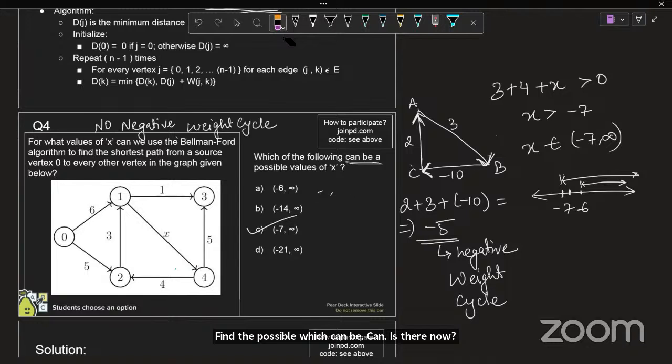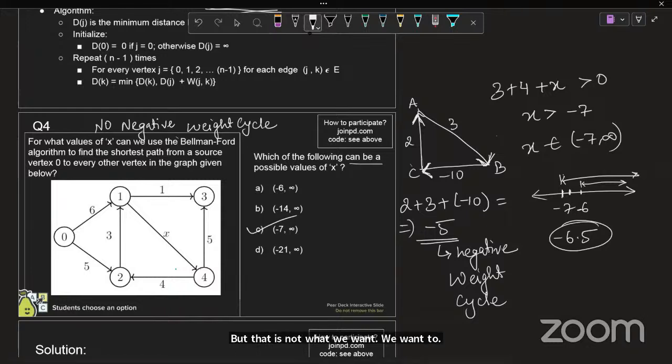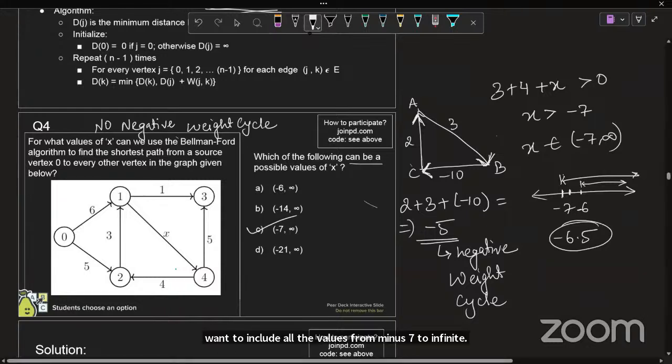We need all the values. If we are considering from -6, then the values from -7 to -6 are left over, and that is not what we want. -6.5 is also a possible value. We want to include all the values from -7 to infinity. It's a basic inequality representation on the real number line.